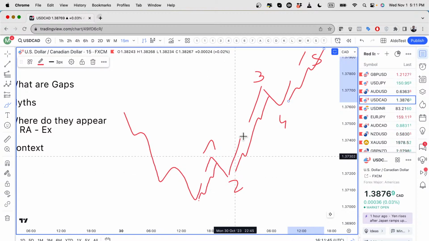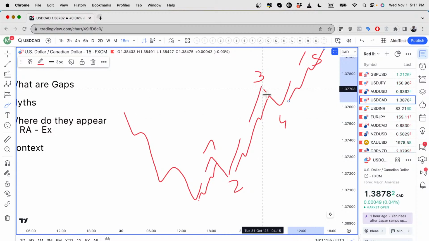But the acceleration gap, or the runaway gap, is practically never filled, at least not immediately. And the reason is because wave 4 retraces 38% of the distance traveled by wave 3. And we know that the runaway gap typically happens on the third wave of the third wave, which means in the fastest possible wave.